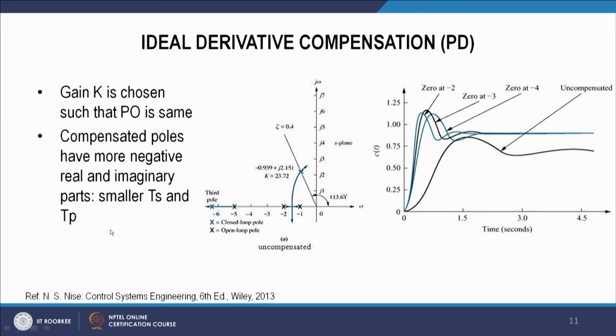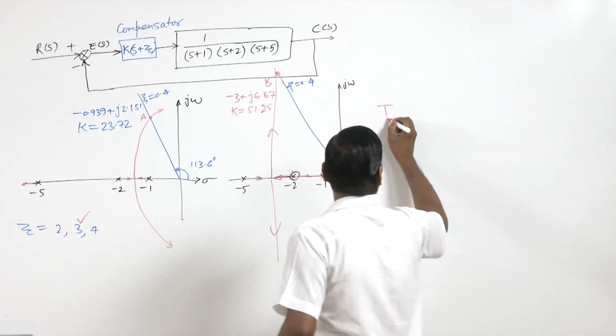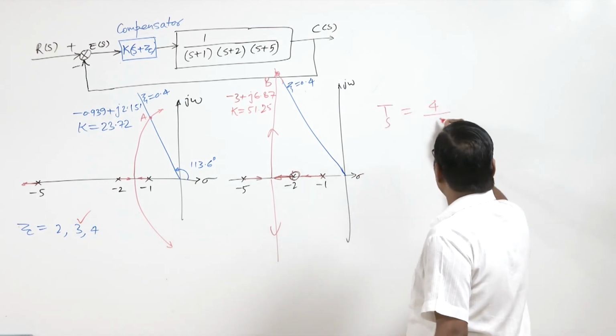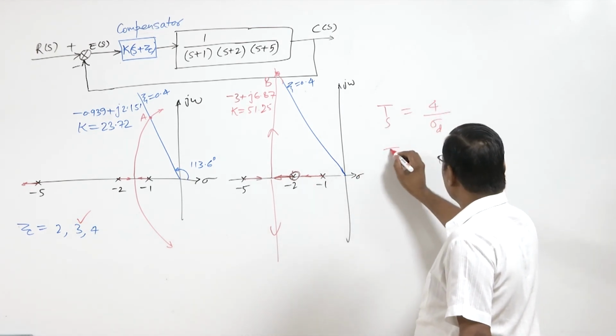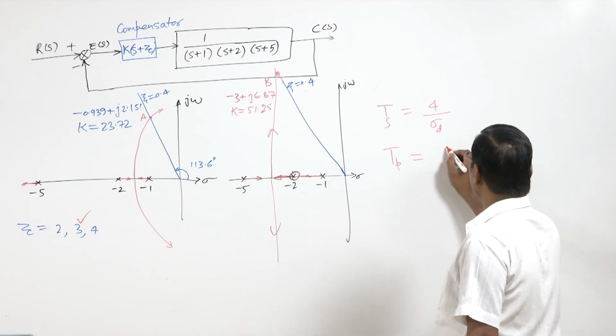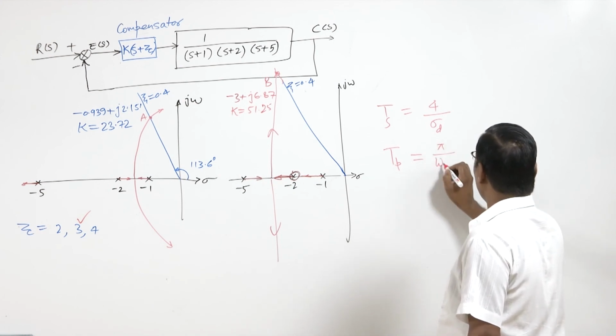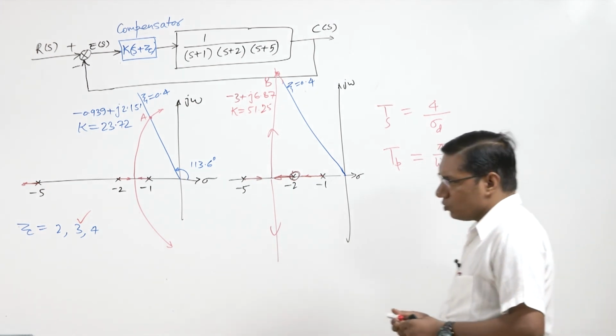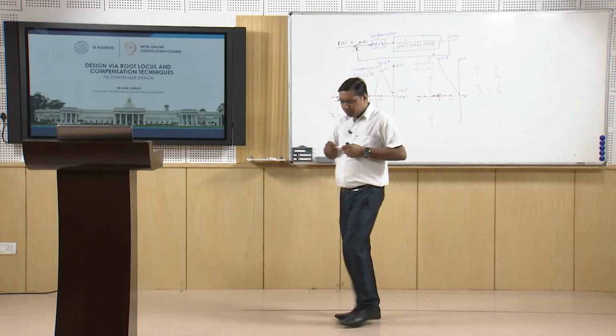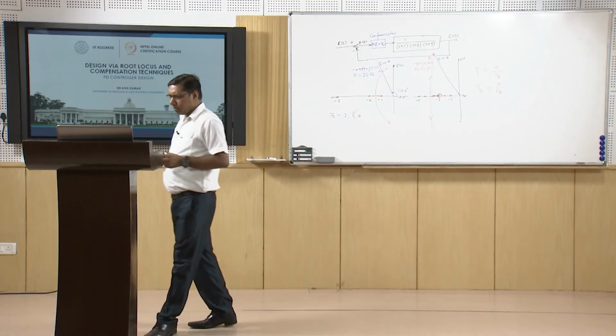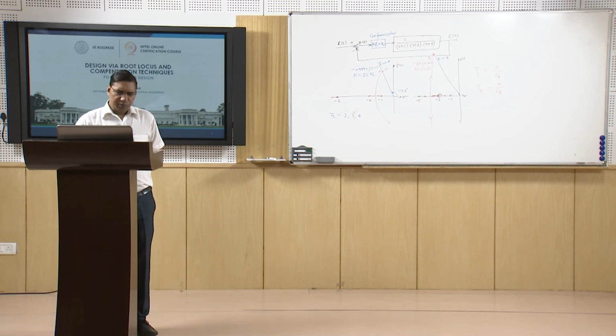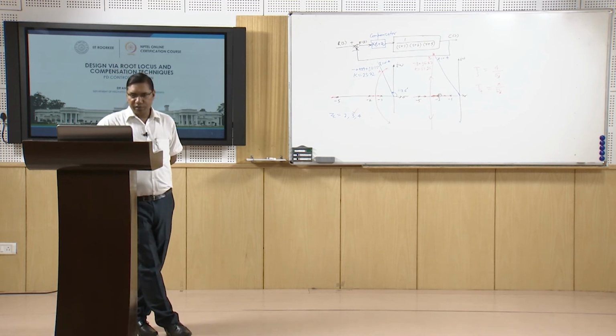Because here Ts is 4 by sigma d, that is the real part, and peak time Tp is pi by omega d, that is the imaginary part. So if they are larger than the uncompensated system, the corresponding Ts and Tp will be smaller, and so the response will be faster.